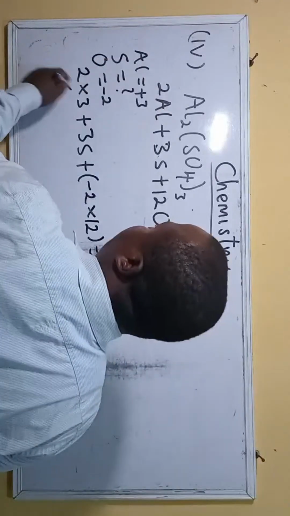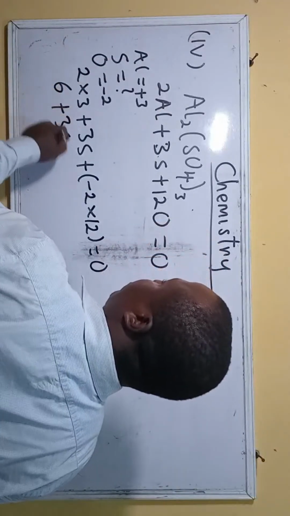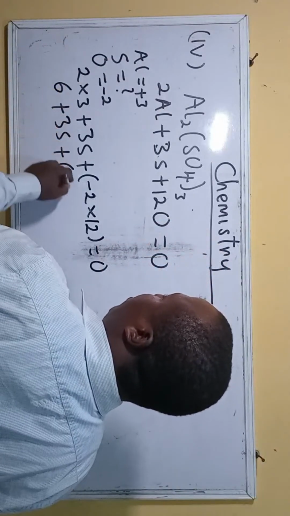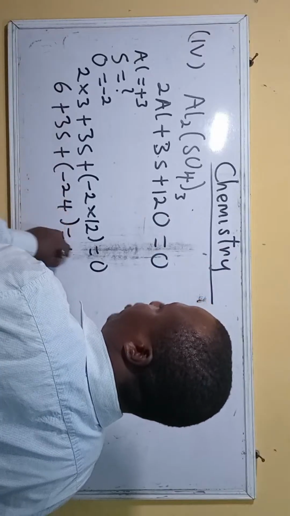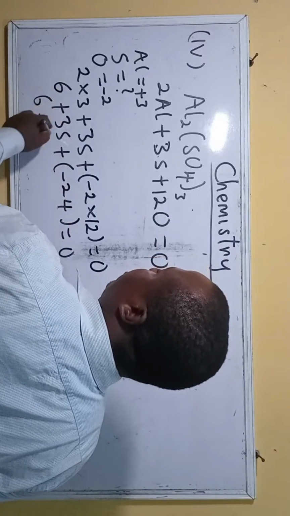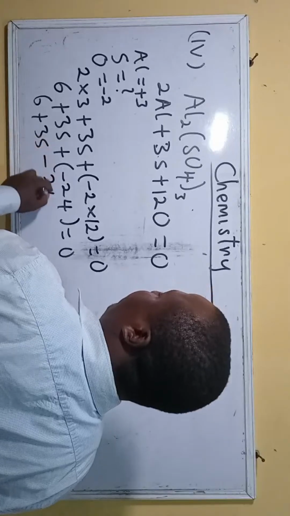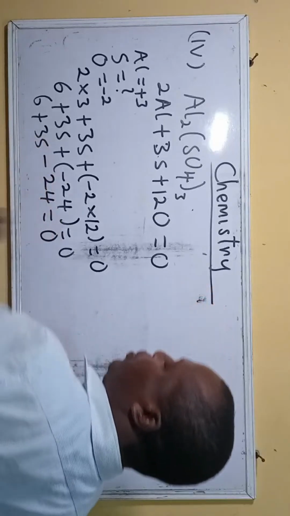You can see I have 6 here. 3x plus -24 equals 0. I have 6, 3x minus 24 equal 0.